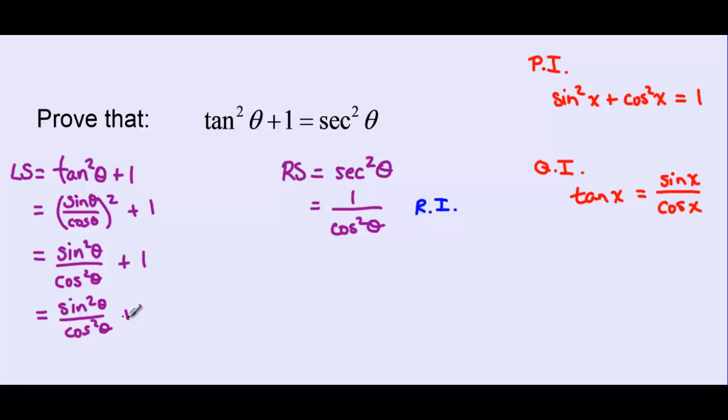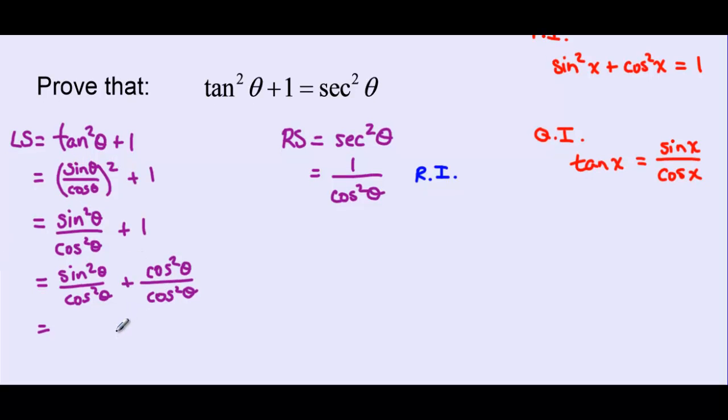And now this 1 I'm going to rewrite as cos squared theta over cos squared theta. See how it maintains the value of 1. Well, now that we have a common denominator, we can write our common denominator, cos squared theta, and our numerator now is sine squared theta plus cos squared theta.